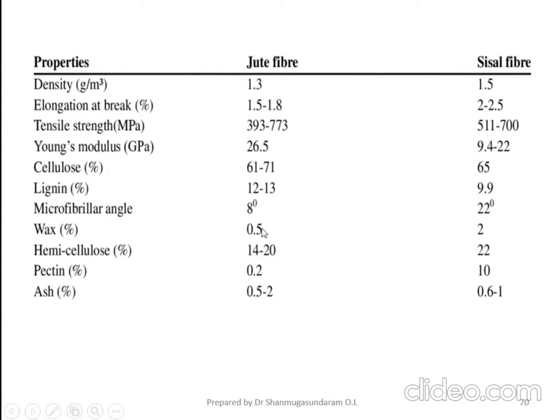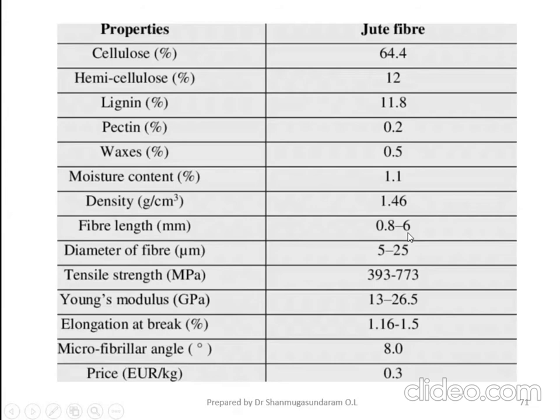Wax content 0.5 percent. Hemicellulose 14 to 20 percent. Pectin 0.2 percent. Ash content 0.5 to 2 percent. So these are all the chemical composition and properties of your jute fiber. Okay, again same thing.